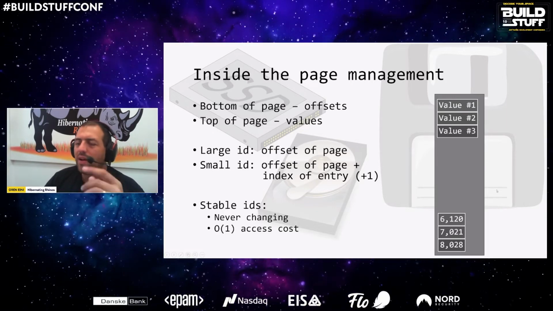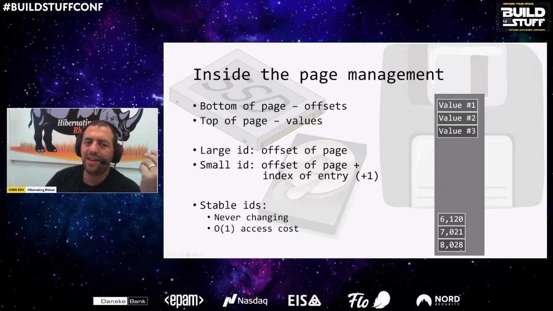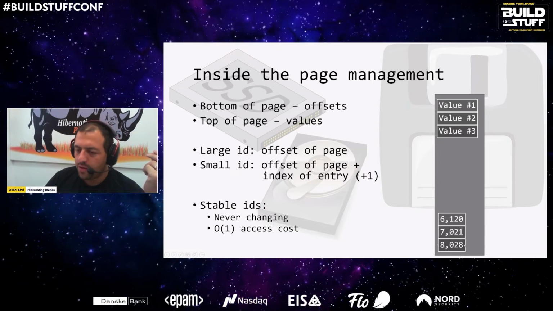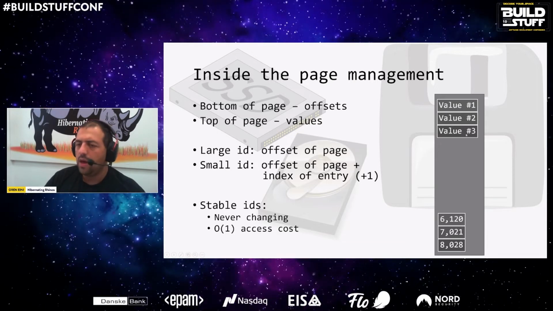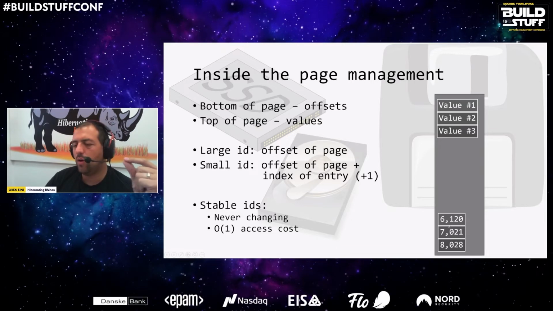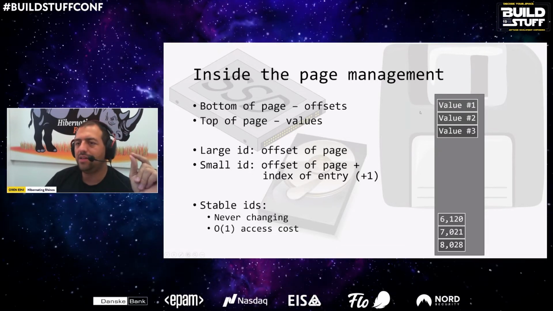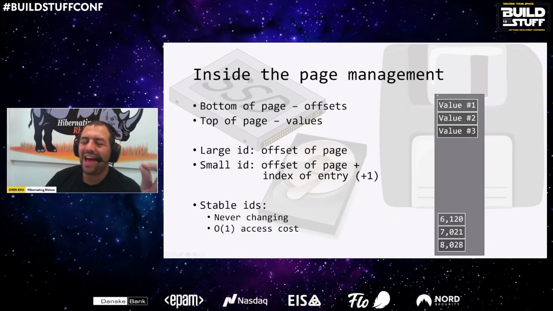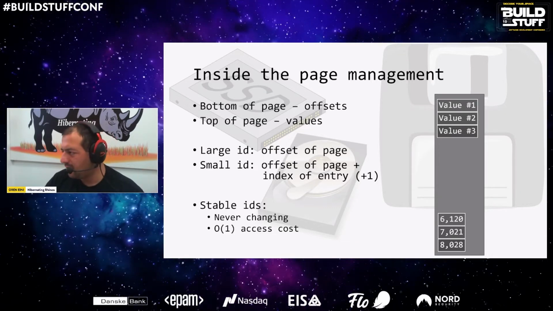Now, why does it matter? It matters because now I can store the small ID as the position here. I can look at the ID and say, okay, if this is an ID that is at the beginning of the page, then I know that this is a large ID and I can use that.